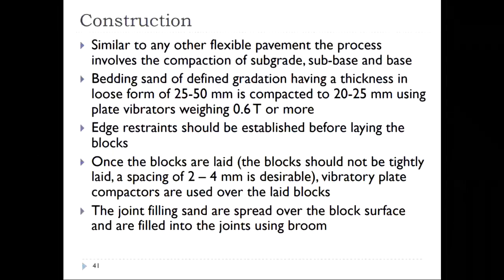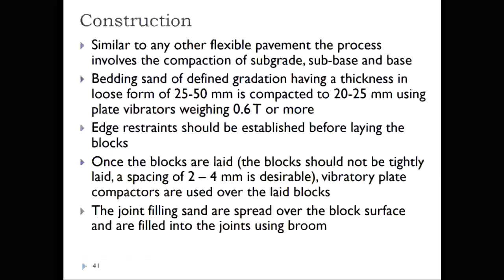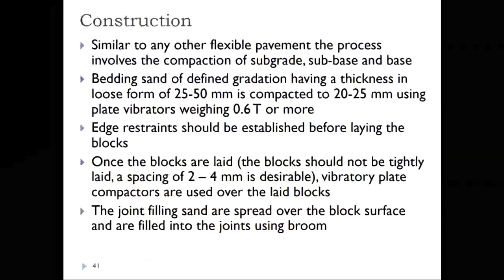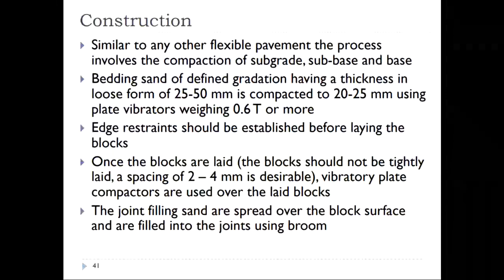Now, for bedding sand of defined thickness, you should have a loose bedding sand thickness of the order of 25 to 50 mm, and this has to be compacted using plate vibrators to the required thickness. The thickness I'm showing is about 20 to 25 mm, but based on the design thickness requirement, you have to compact and achieve the desired density.